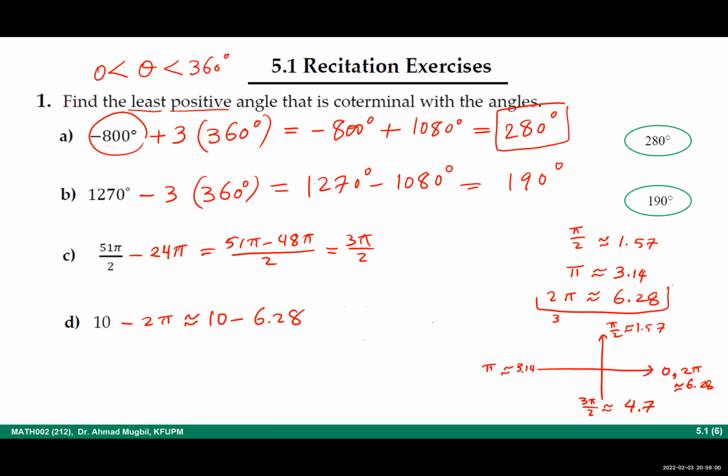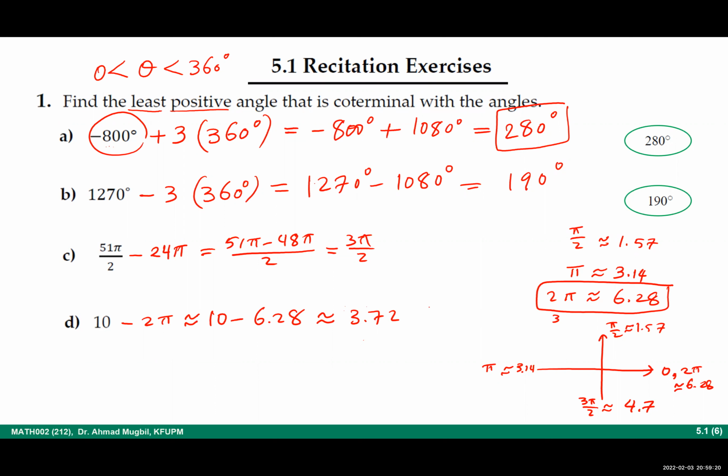This is 2 pi. So this is approximately 3.72, right? So this is less than 2 pi. Of course, if you subtract 2 pi more, you will get a negative. We are looking for least positive.